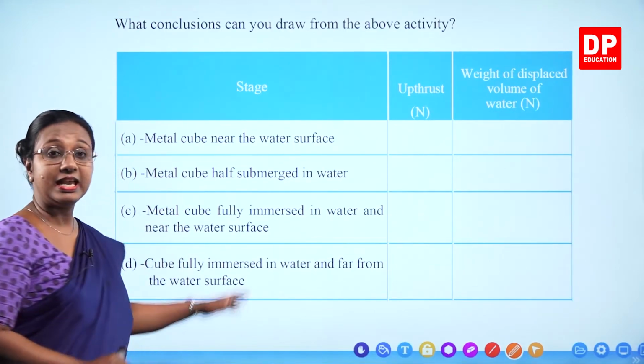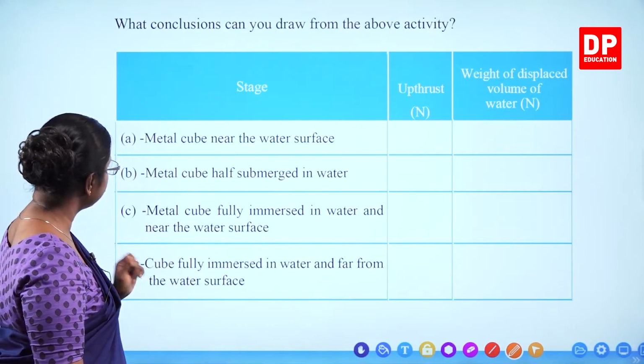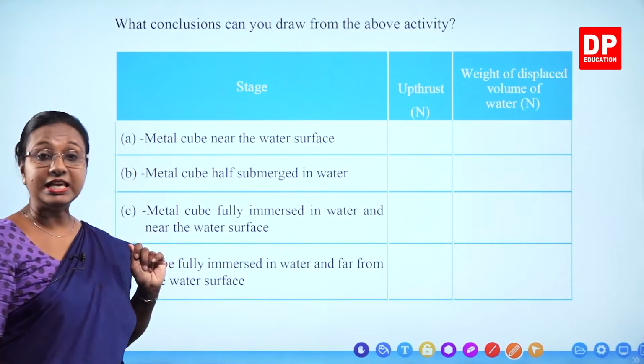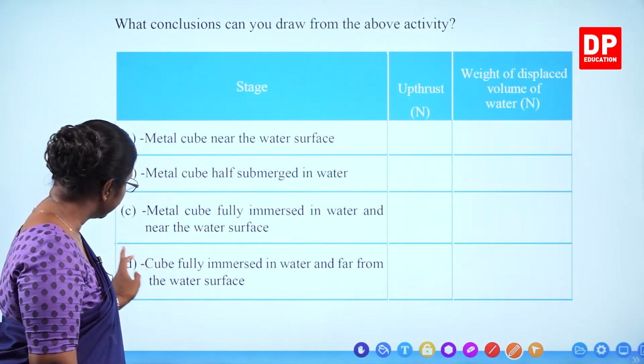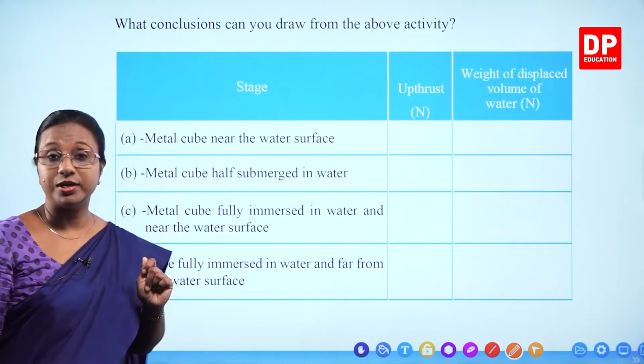The same 4 stages are given to you: metal cube near the water surface, metal cube half submerged in water, metal cube fully immersed in water and near the water surface, and the 4th stage, D, cube fully immersed in water and far from the water surface.